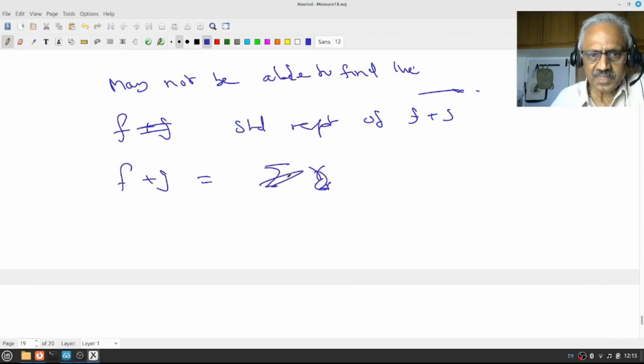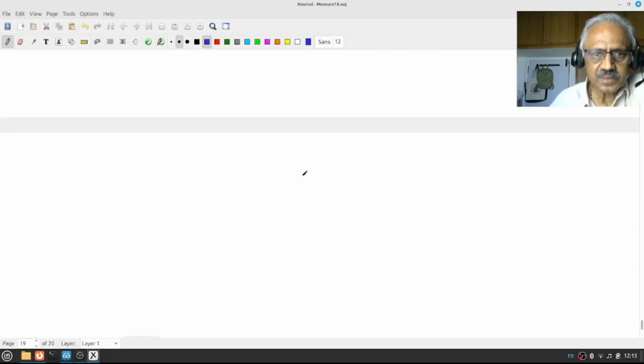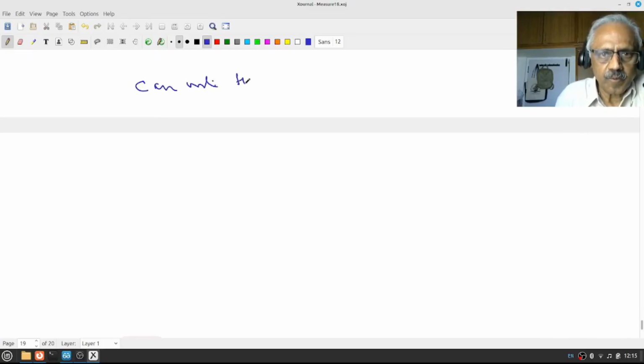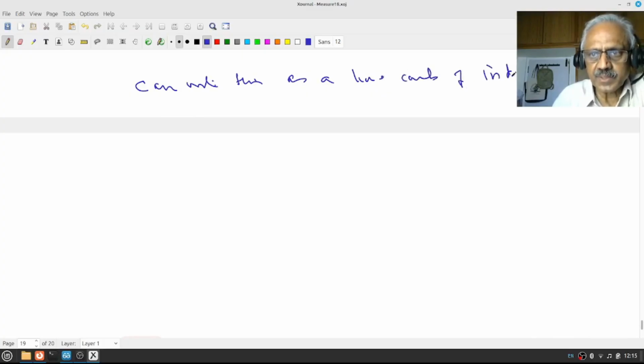Let me write it in a slightly different way. I can write it as a linear combination of indicator functions of pairwise disjoint measurable sets.